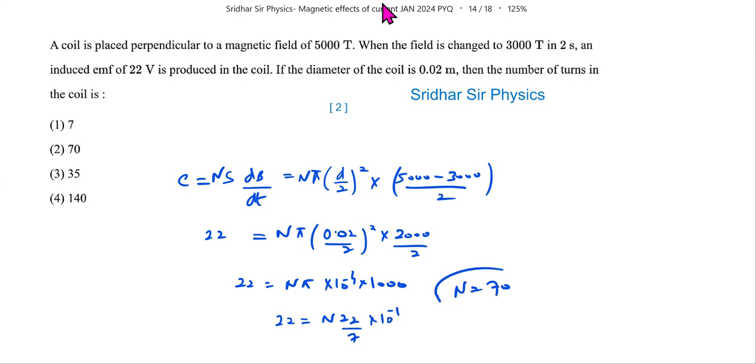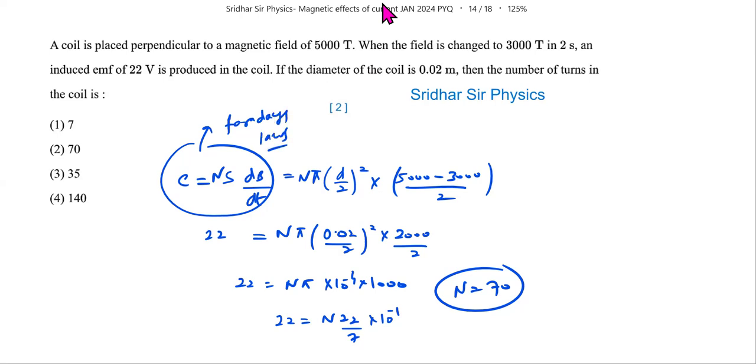So N equals 70. This is Faraday's law. In Faraday's law, EMF is produced due to change in magnetic field.